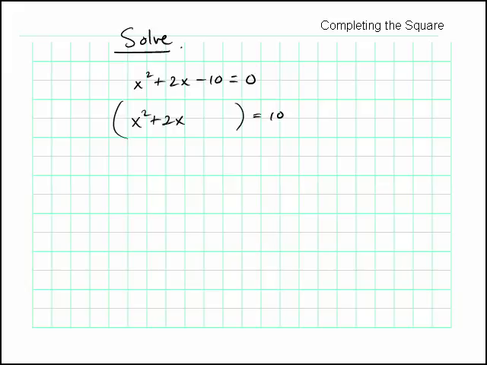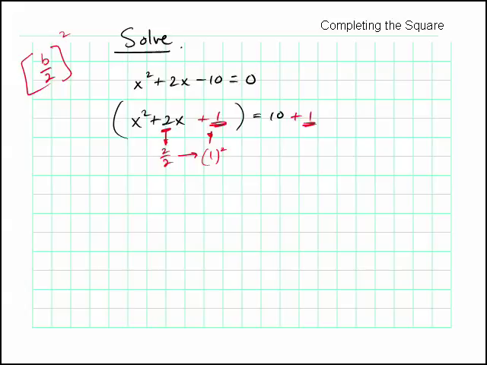Now remember the process here is I take my b, divide by 2, and I square it. So this is my b. 2 divided by 2 is 1, and then I square it, and I get 1. So positive 1 is the number that I have to add to both sides of the equation, so I'm adding it over here as well.